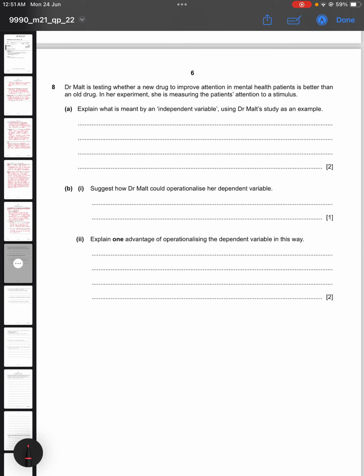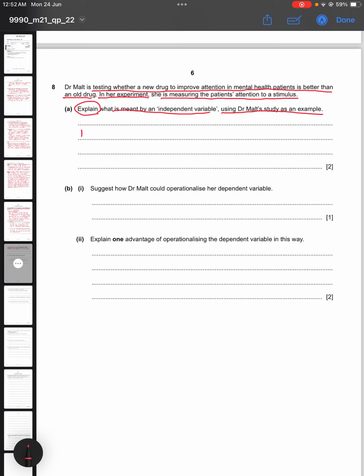Now question number 8 says Dr. Malt is testing whether a new drug to improve attention in mental health patients is better than an old drug. This is Dr. Malt's aim of the study. Now in her experiment, she is measuring the patient's attention to a stimulus. Explain what is meant by an independent variable using Dr. Malt's study as an example.